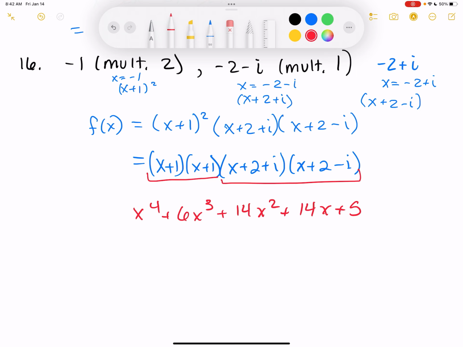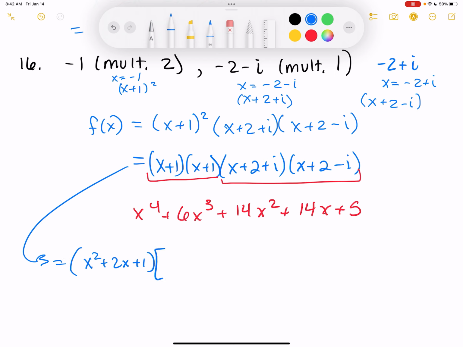Well, I don't understand where the 6x cubed came from, I guess so. Okay, let me jump down here. So this is going to factor into x squared plus 2x plus 1.